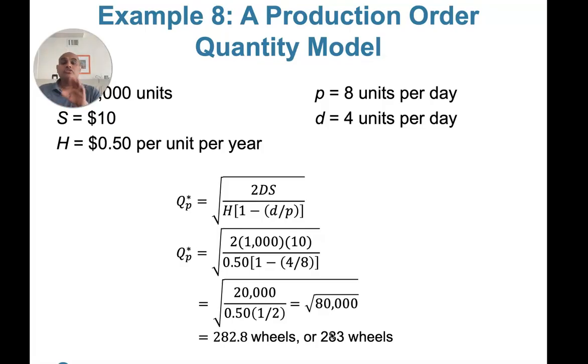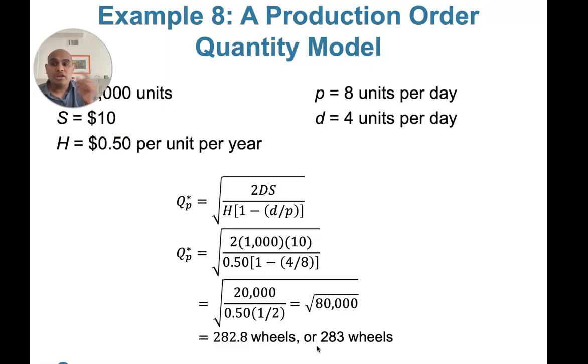Now this also might not be true, because in some production cases you might not be able to produce in chunks of less than 10 or less than 25, based upon the way your production is done. So you will round this to the closest number. Let's say you can only do it in chunks of 10, then you will round this to either 280 or 290, depending upon which way you want to go. 280 is closer, so you would likely round this down to 280.